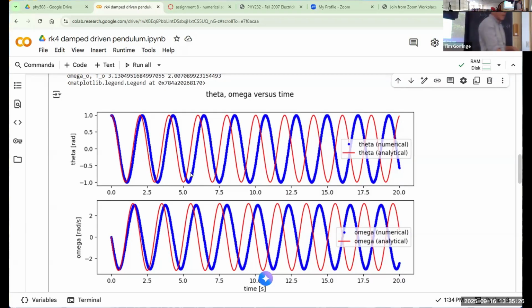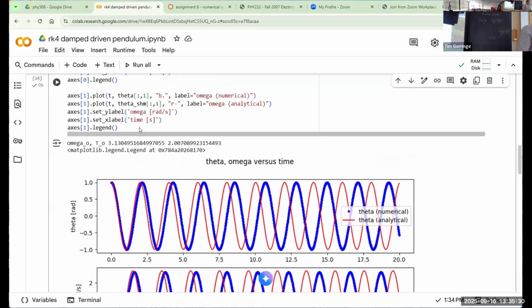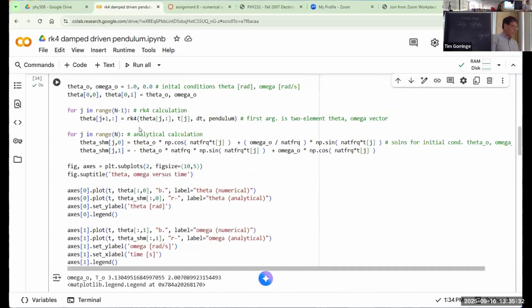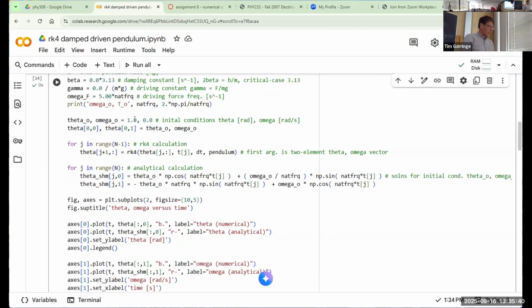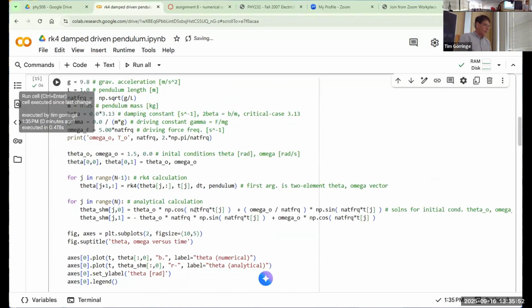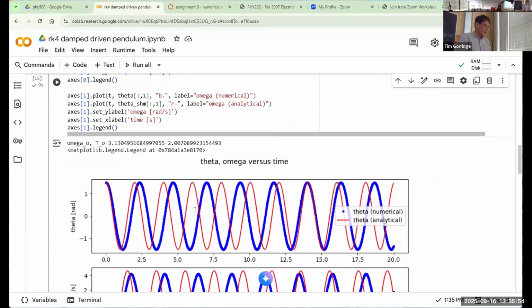I think we made it larger still a bit. There's 1.5 for the amplitude here.